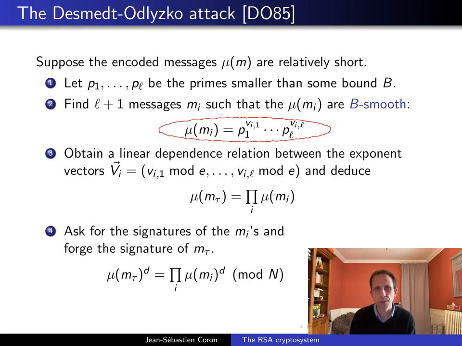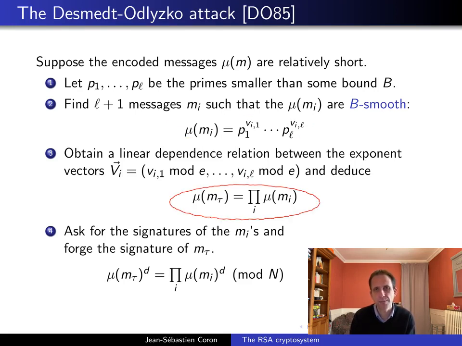So we express one vector as a linear combination of the others. And this means that one of the mu of mi, for example mu of m2, can be expressed as a multiplicative combination of the mu of mi. So the linear relation on the exponents gives us a multiplicative relation on the mu of mi's.